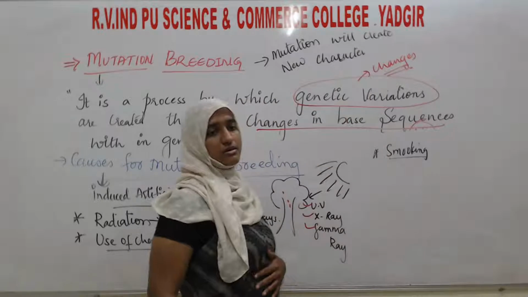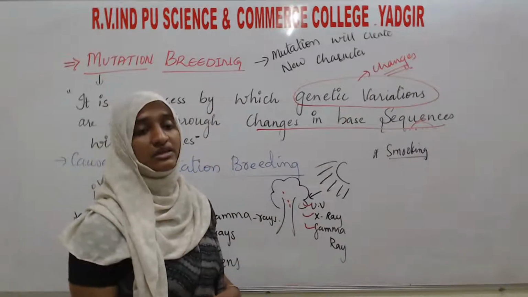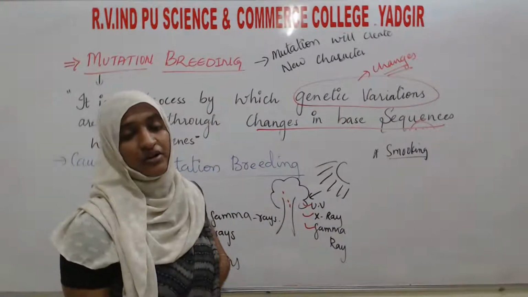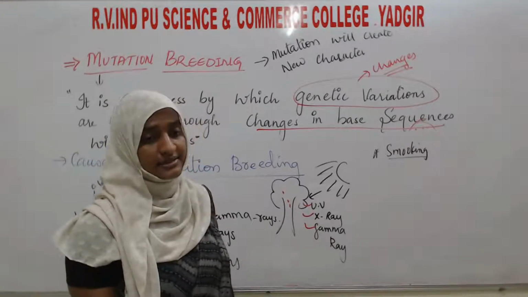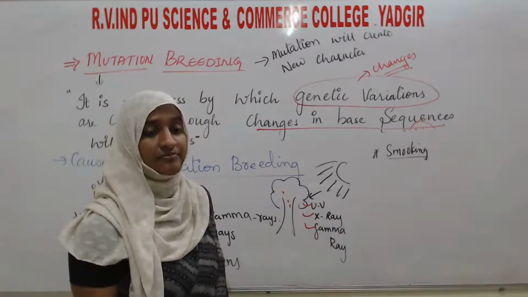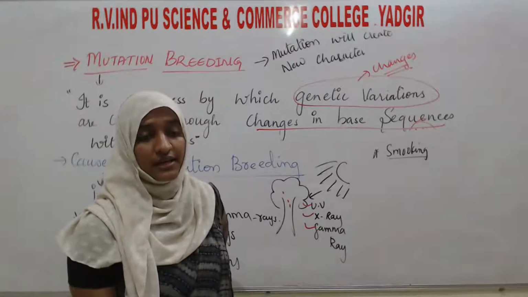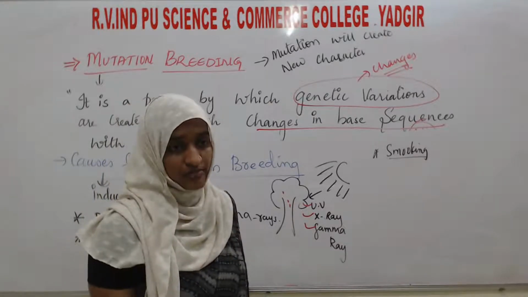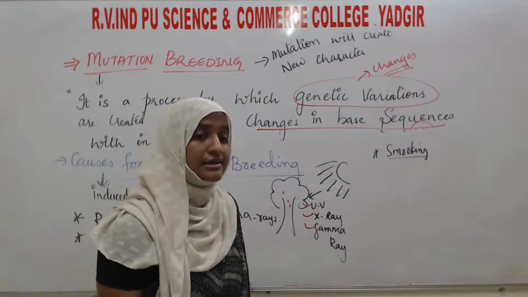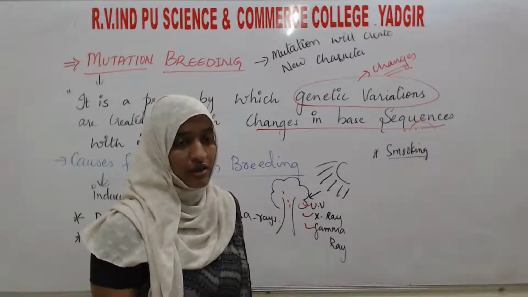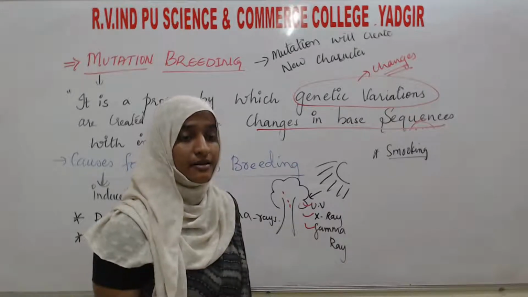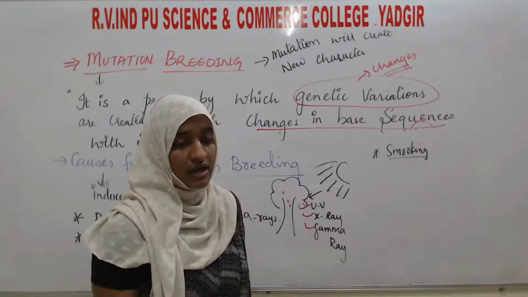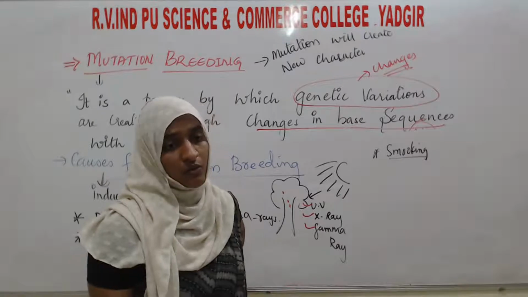I think you have studied the central dogma, in the chapter molecular basis of inheritance. That is, DNA gets converted into RNA by replication and transcription. If an error occurs, meaning something changes in that process, then a mutation also occurs. That is also one cause for mutation.